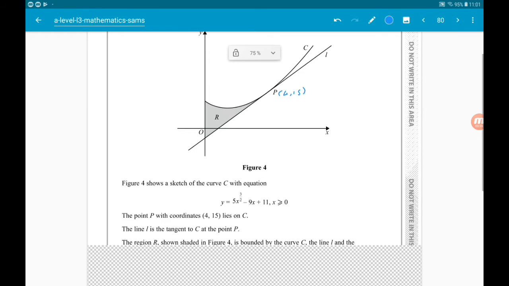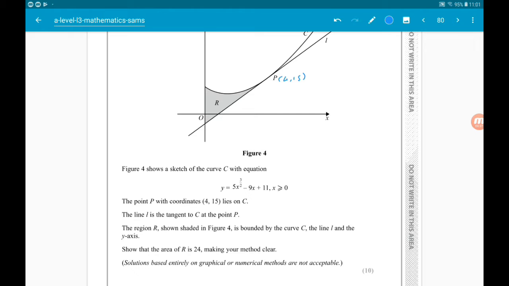Then we're told the line L is the tangent to C at the point P. The region R, shown shaded in figure 4, is bounded by the curve C, the line L, and the y-axis. We want to show that the area of R is 24, making your method clear.